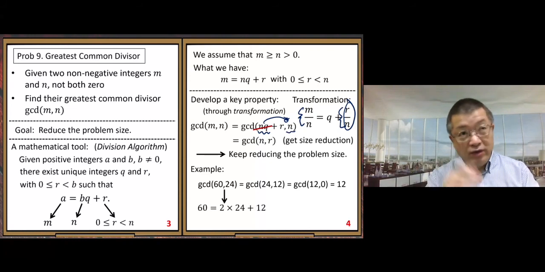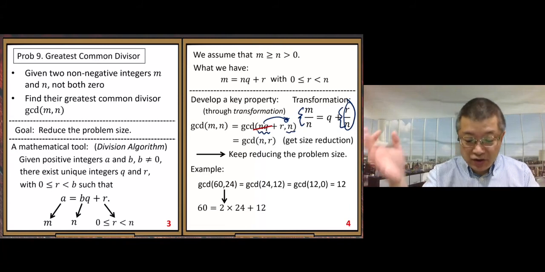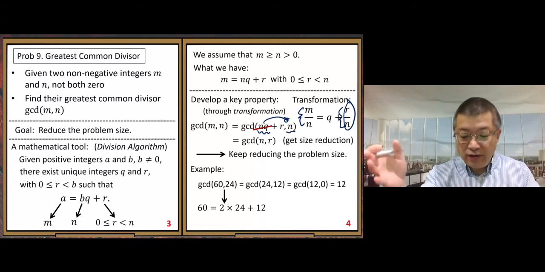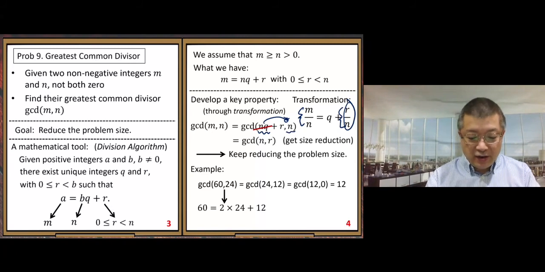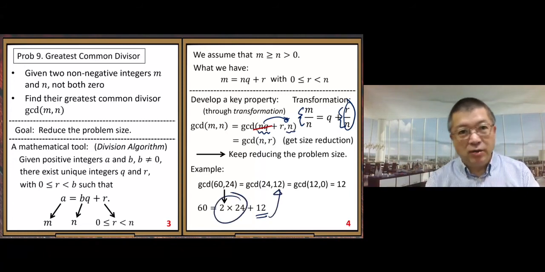Then after removing the maximum multiple of the divisor, we get 0, so 12, 0, and the answer is 12. Because we want to use the remainder, we remove the multiple of that divisor part.